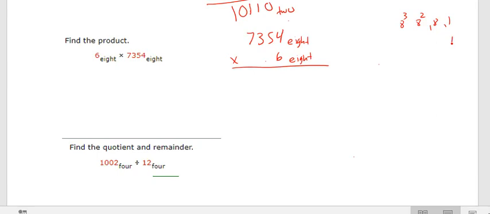Let's figure out what these place values are. So 8 squared is 64 and 8 cubed is 512. Okay, so 6 times 4 is 24. So the biggest number that will go into 24 is 8. So that goes in 3 times. And then we take our 0 and divide by 1.